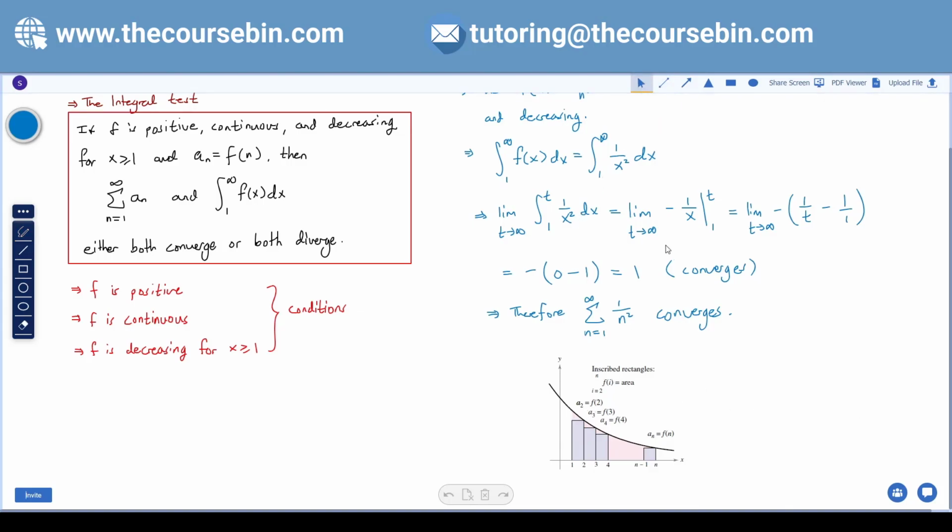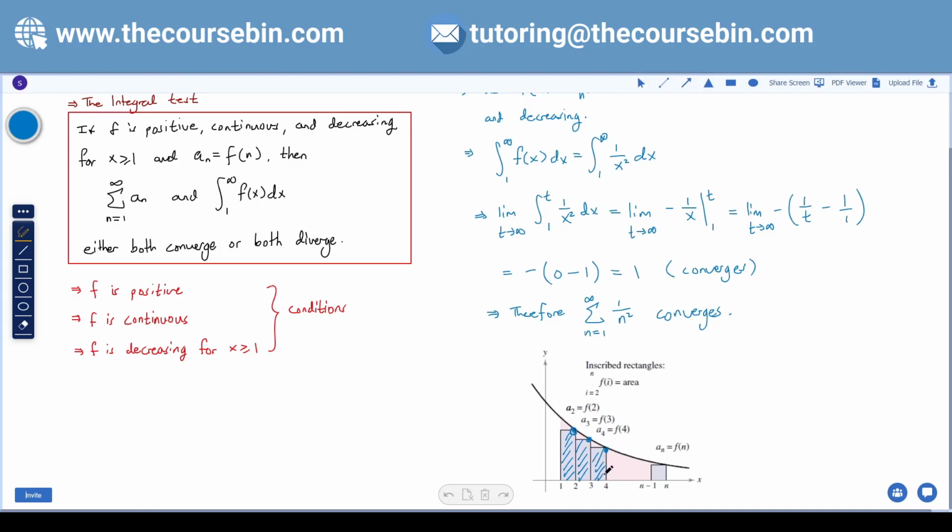So what part of it is representing the summation? Is it supposed to be a sub n right there, or is the whole thing kind of like a sub n? No, the pink region is the area underneath f of x, and in this purplish region, the height of the rectangle is the a sub n. So here, here, here. The height of those rectangles represents the a sub n, and the delta n's are 1, so 2 minus 1, 3 minus 1.